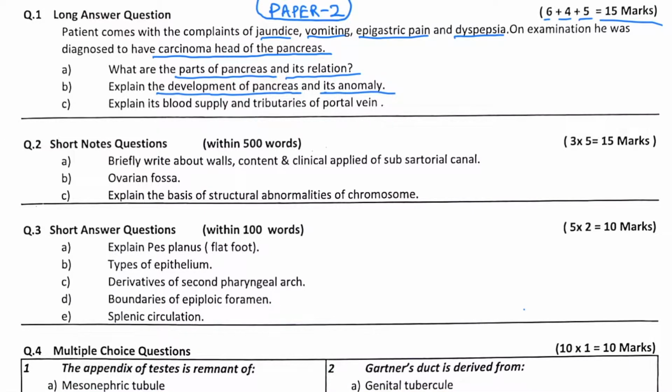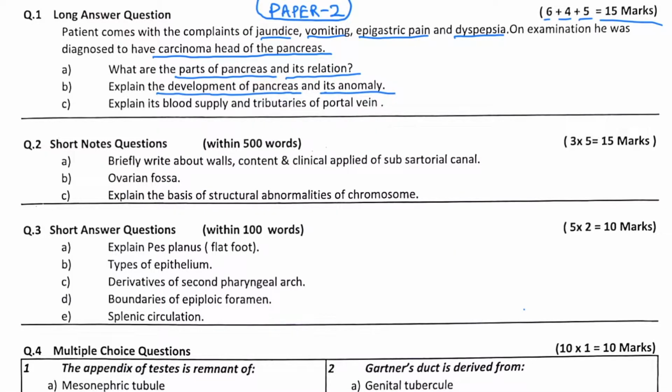So this is one anomaly, and you can also mention about the accessory pancreas. Actually, accessory pancreas is a minor amount of pancreatic tissue being developed elsewhere, like within the duodenum, jejunum, ileum, mesentery, or in the Meckel's diverticulum. Such tissues might lead to cause ulcerations wherever they are present.